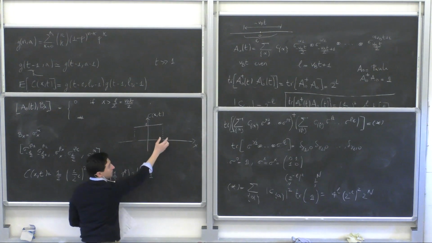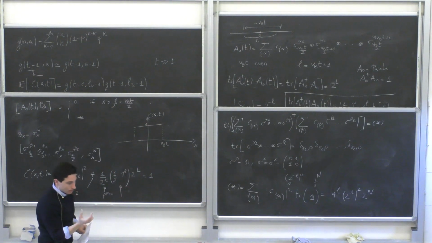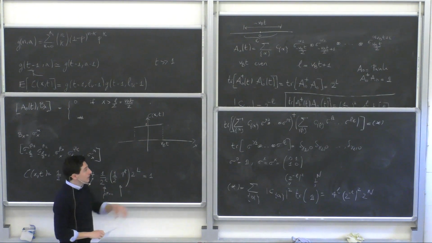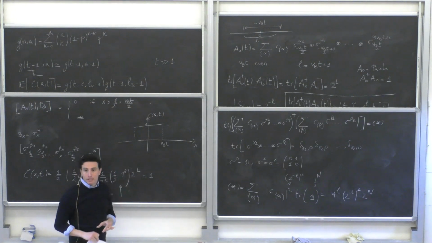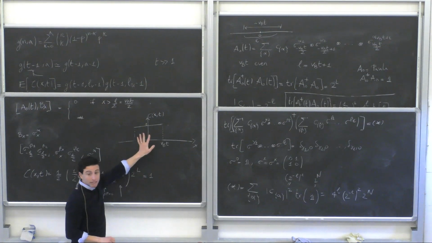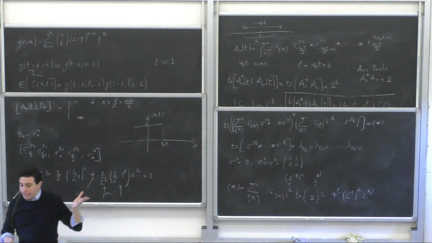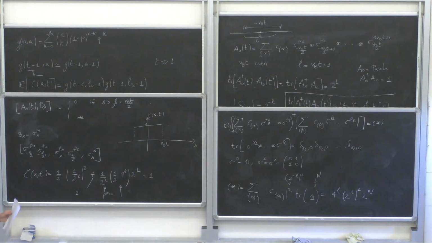So you lose information on the broadening, but otherwise it's a pretty accurate picture, right? So this is why the fact that this C_xt becomes 1 inside of the light cone is associated to a dynamics where you lose information on the structure inside of it. Because if you have a model where you have 0 information, you somehow recover the same result.